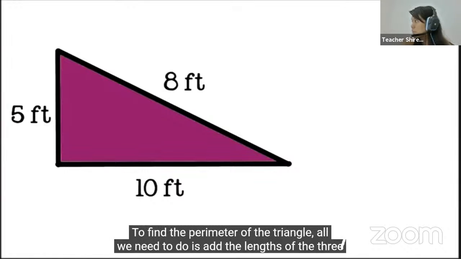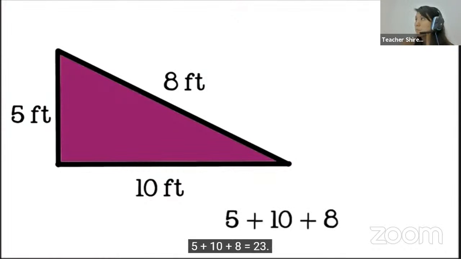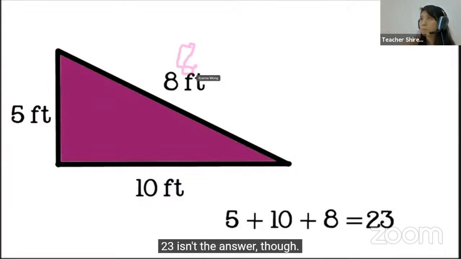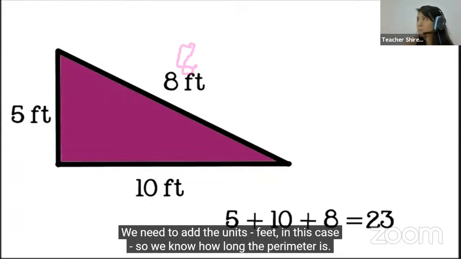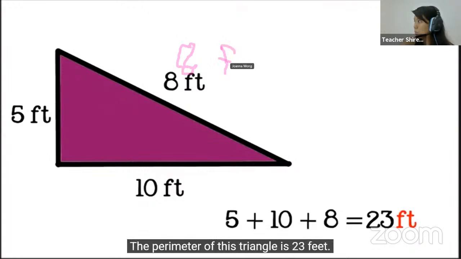To find the perimeter of the triangle, all we need to do is add the lengths of the 3 sides. 5 plus 10 plus 8 equals 23. 23 isn't the answer though. We need to add the units, feet in this case, so we know how long the perimeter is. The perimeter of this triangle is 23 feet.